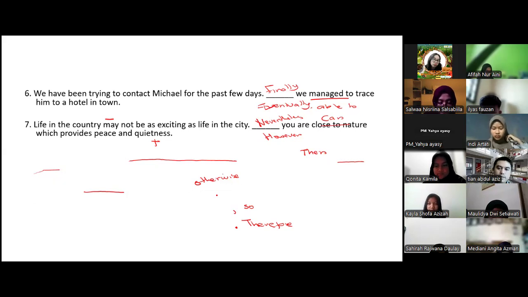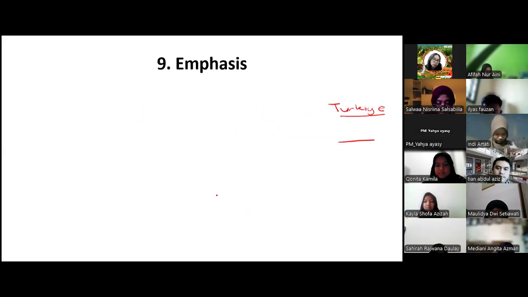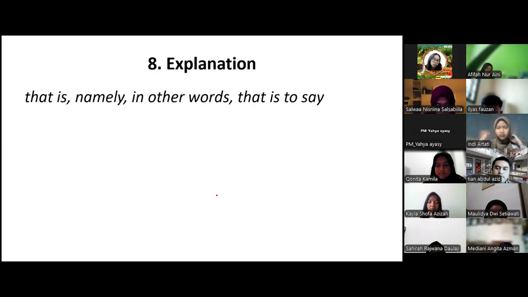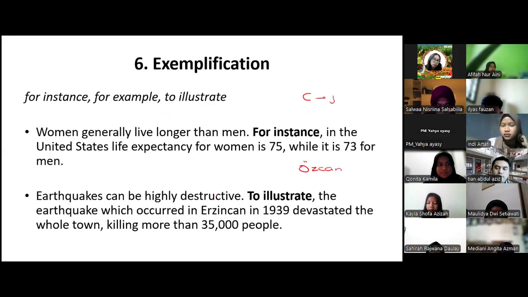There are a lot of connectors here. It's important for you to understand the first sentence and the second sentence, and what kind of relationship is between the two sentences. After you recognize the relationship between two sentences, you choose the right connectors.